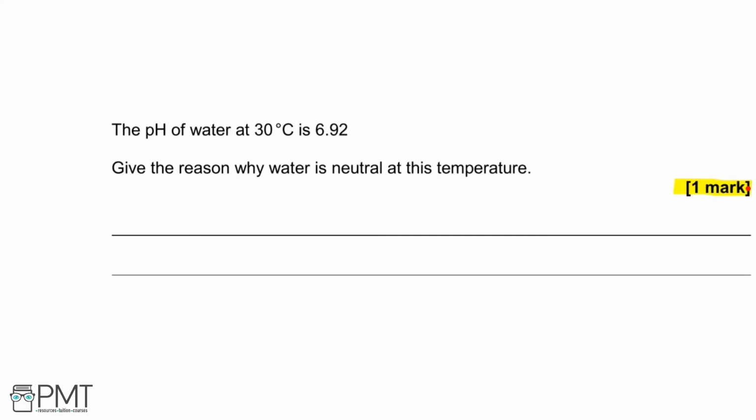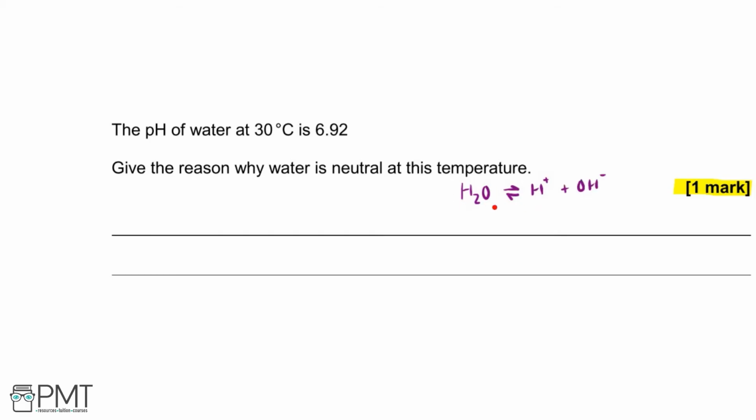So the key to why water remains neutral at this temperature of 30 degrees Celsius, and indeed at all temperatures, lies in how it ionizes. And to do that, we can look at this equation. Our molecule of H2O ionizes or dissociates to form a hydrogen ion and a hydroxide ion.